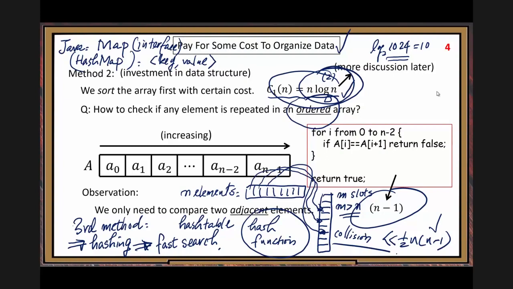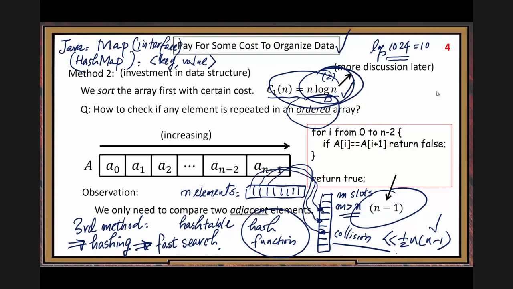Think about how to check if the element is unique or not. When you have a collision, you compare the values. Are they the same? Because when you have a collision, the two keys may not be the same; they could be different. But if they are the same, you always have a collision. So when you have a collision, you compare: are the two keys the same? If they are the same, you're done.